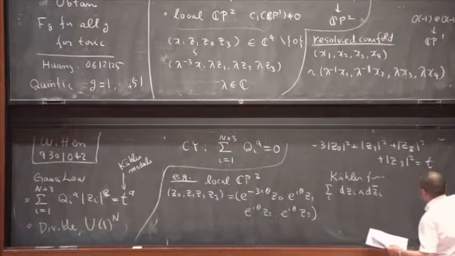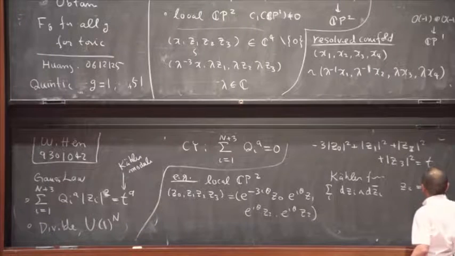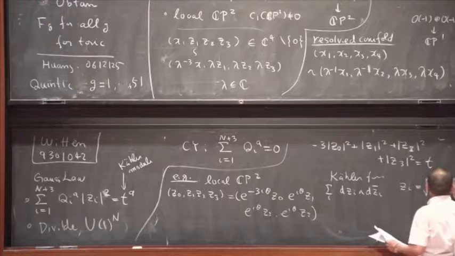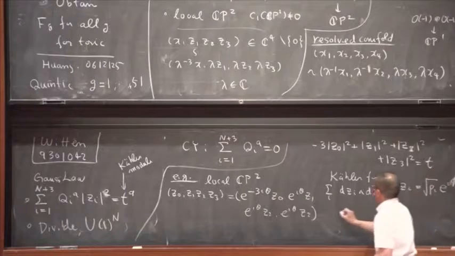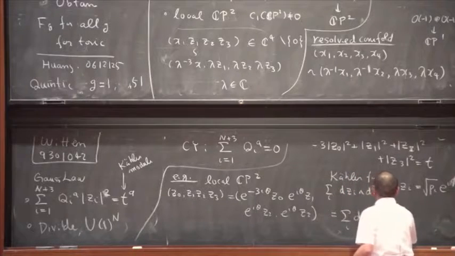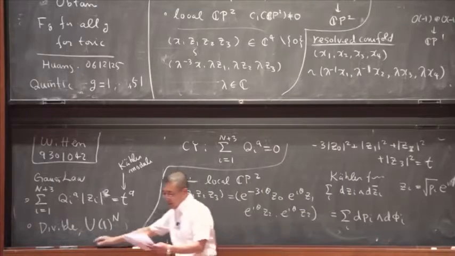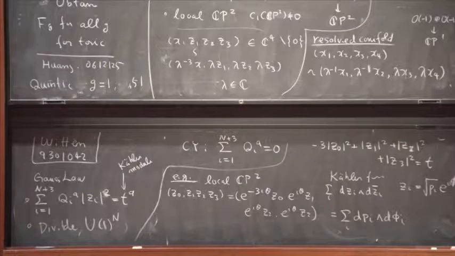But it turns out that it is actually convenient to parameterize each z_i as the square root of p_i times e^(iφ_i). There is a reason I put this square root in: if I do that, the Kähler form takes the symplectic form. This φ direction is a torus direction, and p is a radial direction. With this parameterization, the Gauss law constraint and gauge symmetry become particularly simple.